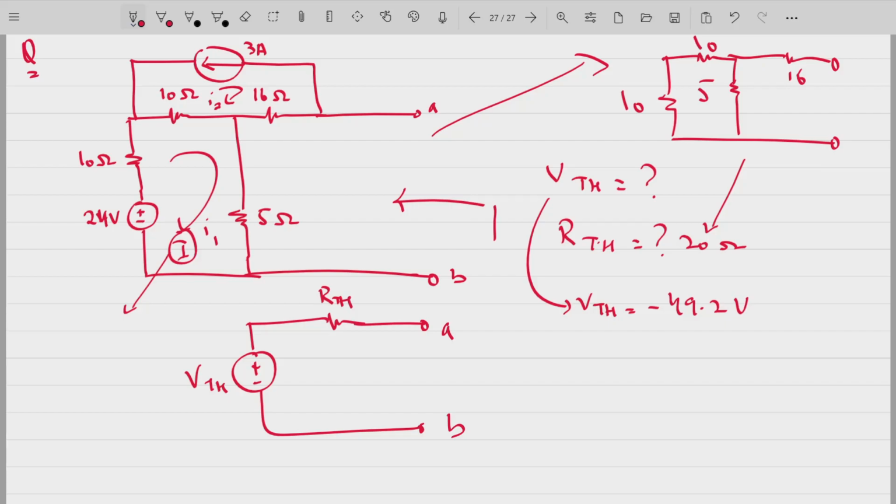So I2 is already minus 3 amperes, that is known to you. So you can solve that equation to find out the value of I1. So once you have I1 and I2, then you can find out the value of VTH, the open circuit voltage. That open circuit voltage will be the voltage at this point.